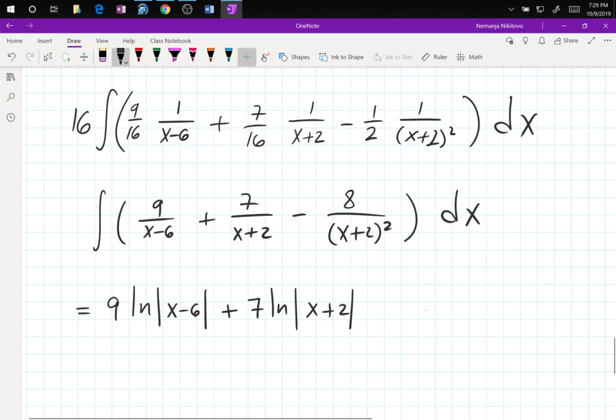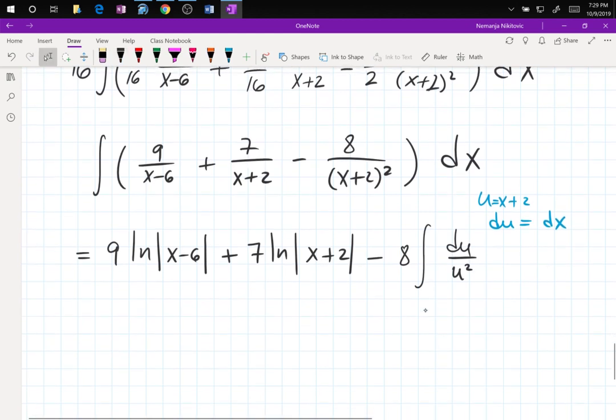Very good. So u sub: u equals x plus 2, du equals dx. So we still have to work this one out, which is negative 8 integral of du over u squared. So that one we have to do, right? So that's going to be the integral of u to the minus 2 du, which is u to the minus 1 over negative 1, which is negative 1 over u.